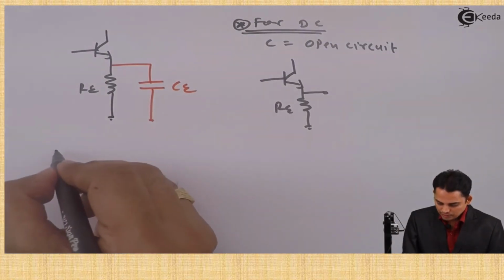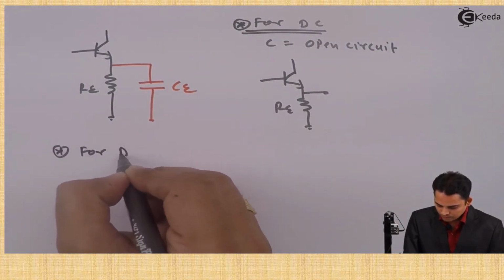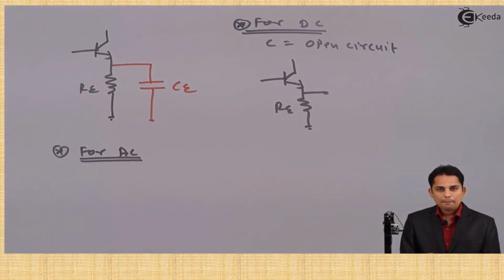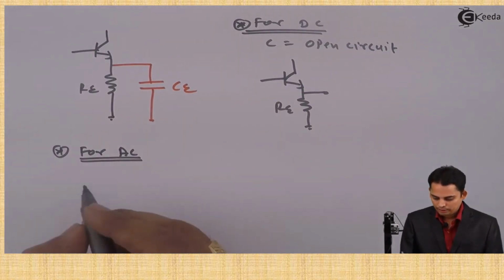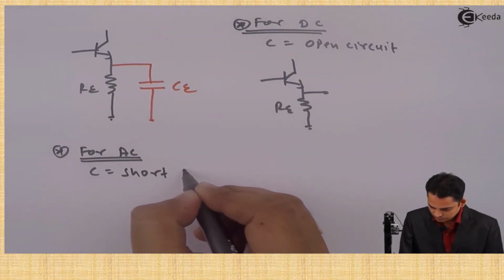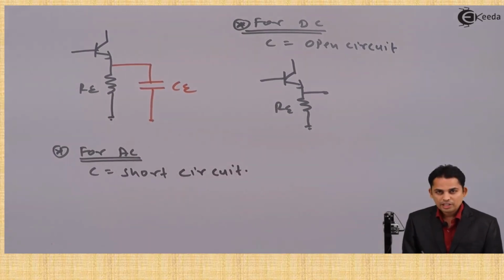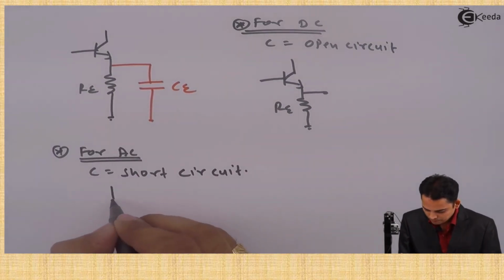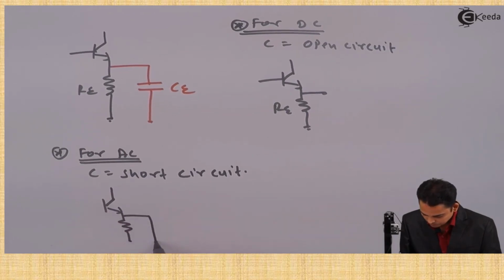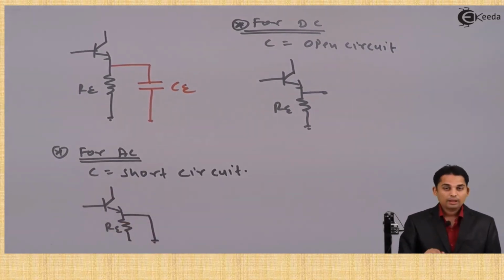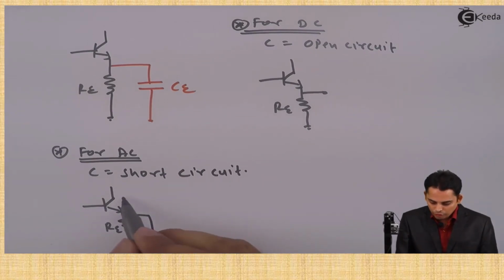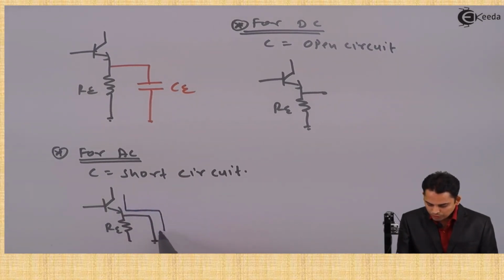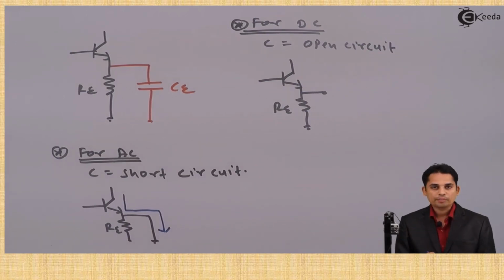For AC, capacitor is short circuited. Hence, circuit diagram will become like this. Now, if current is flowing, it will flow from this path during AC, because current follows minimum resistance path.